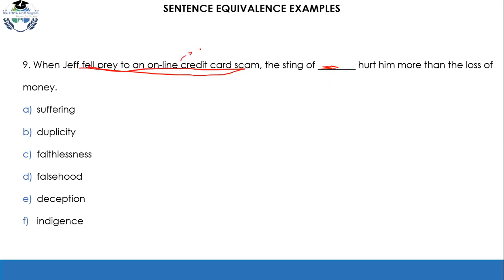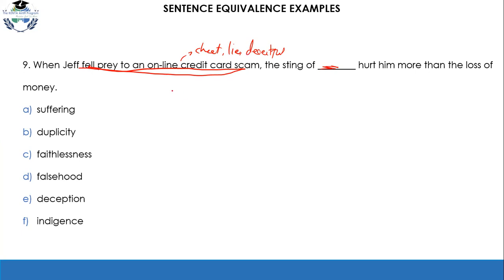They cheat you out of your money. They lie, right? Someone said deceitful. They're being deceitful, they lie to you, basically. So the sting of being lied to, this is what my answer would be. The sting of being lied to, like the way they cheated him, it hurt him more than the loss of money. So whenever I'm looking at the answers, I'm trying to think of an answer that means lied to, that means being cheated out of, right?